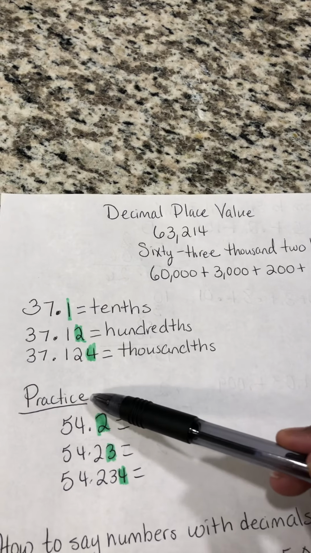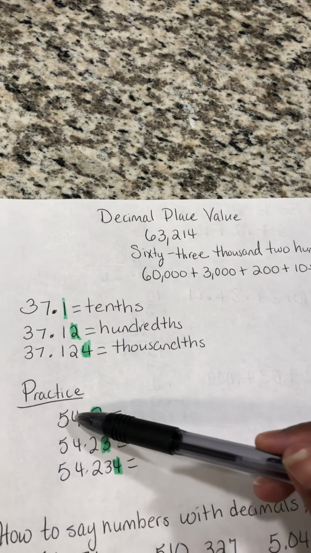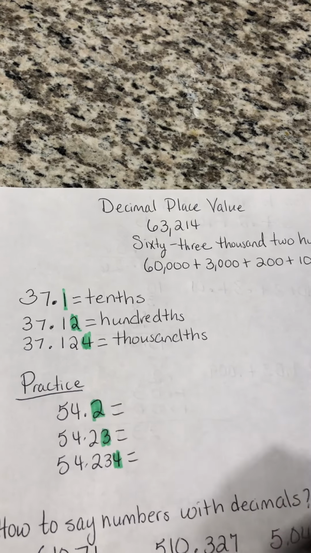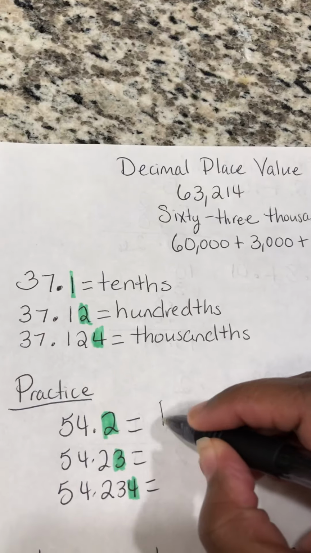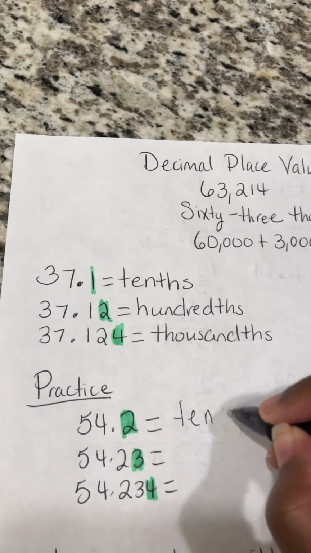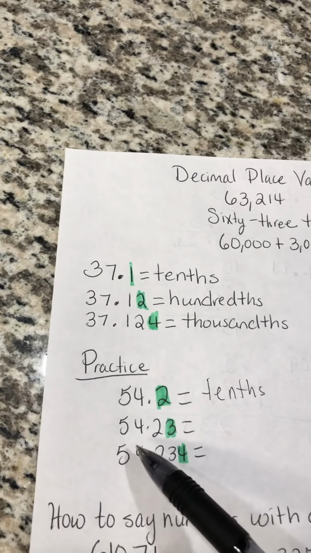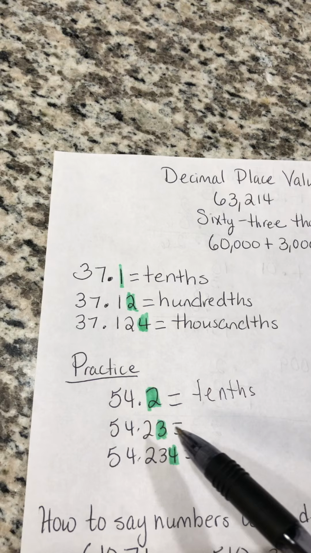Okay, let's do some practice. We're just going to use our notes right here. Okay, this is pronounced 54 and 2/10. So I'm going to fill it in and write tenths here. Next, we have 54 and 23 hundredths. You say hundredths.